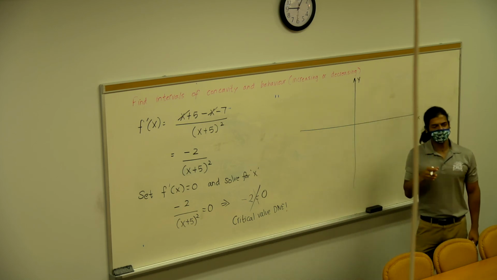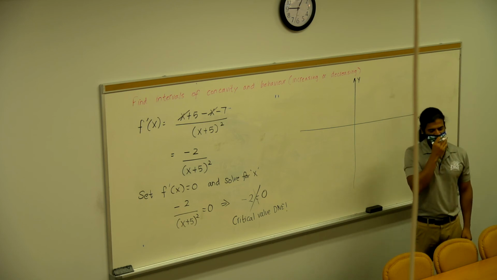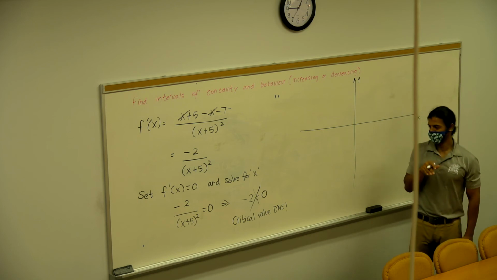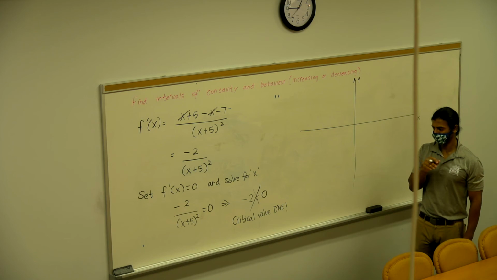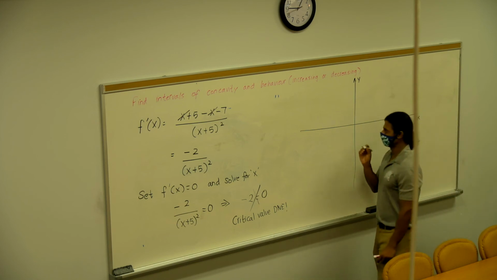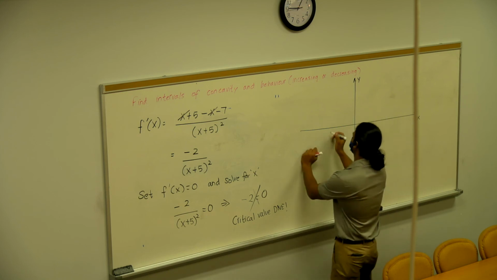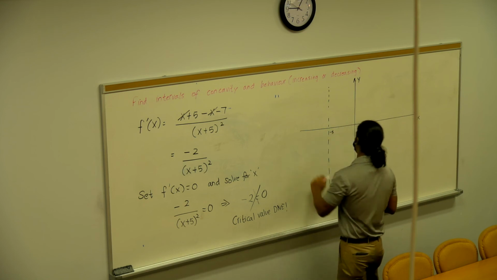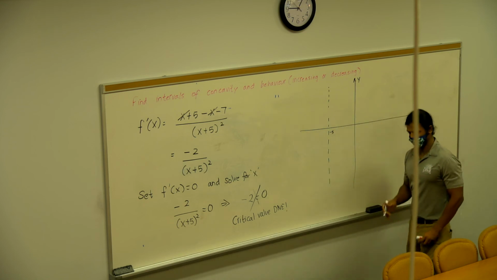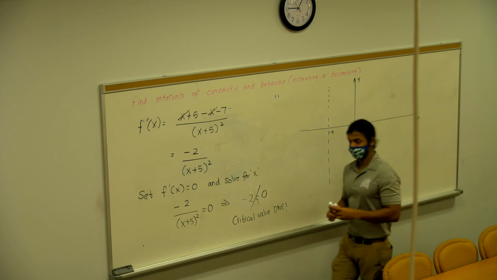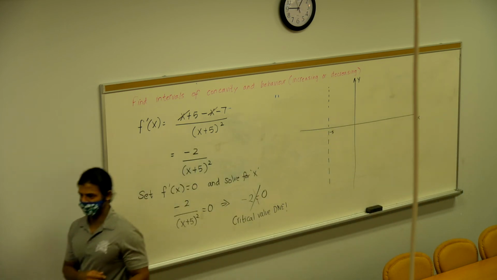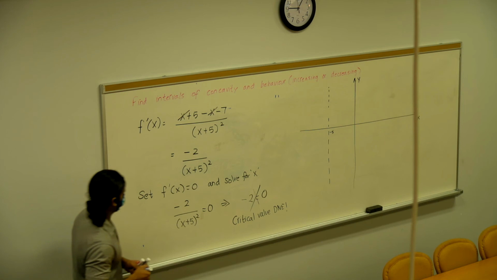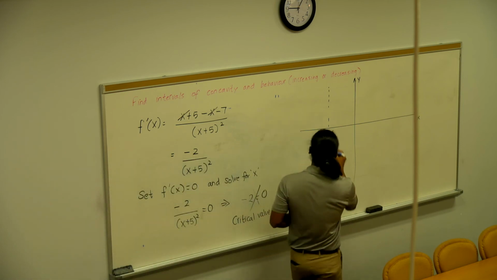Because anytime you have rational functions, they sort of help you in terms of how the function would behave. So we have a vertical asymptote at negative 5, and we do have a horizontal asymptote at 1.